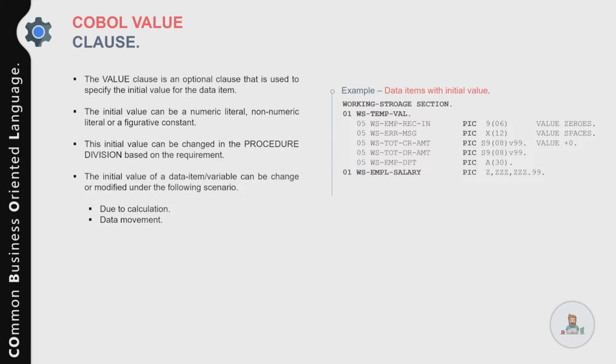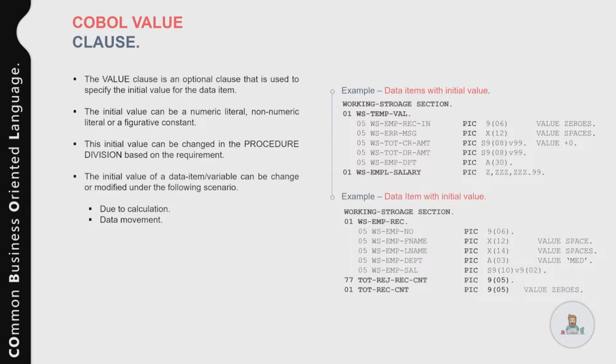After that, we have ws-error-message, and it is X of 12, and we have assigned an initial value as spaces. And similarly, we have next variable, that is ws-total-credit-amount, and we have assigned a plus 0 as initial value, right?